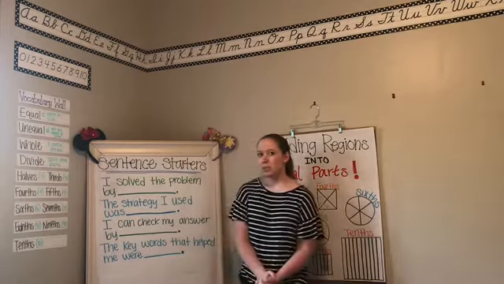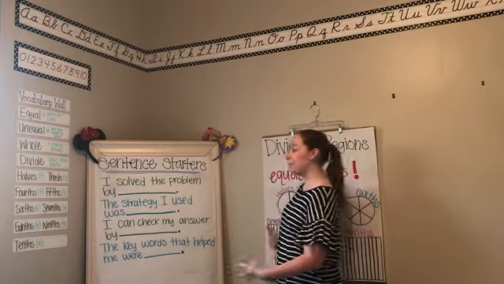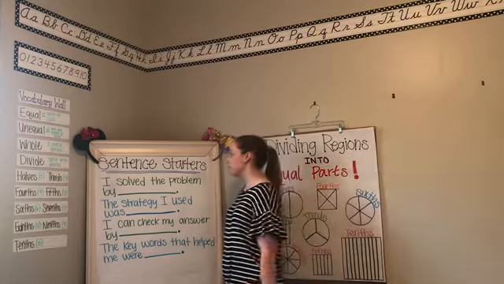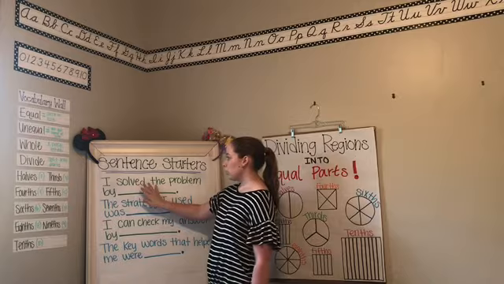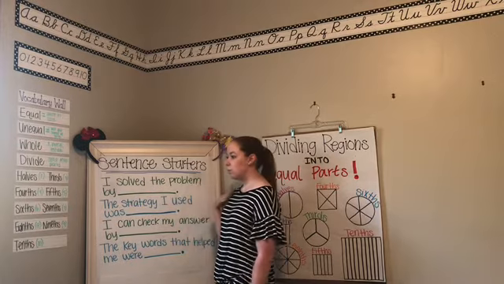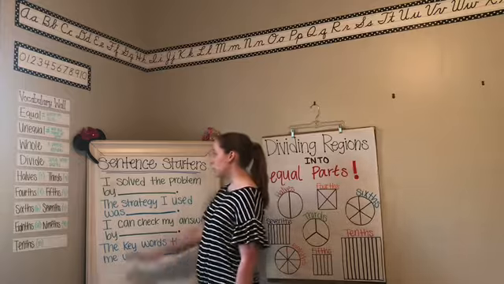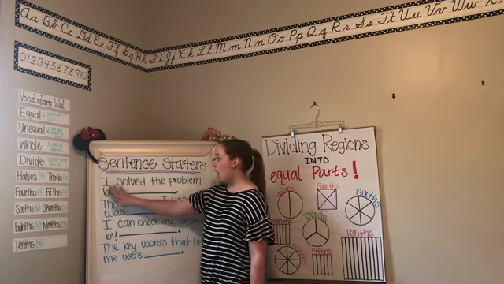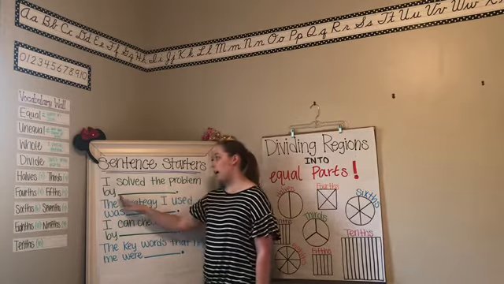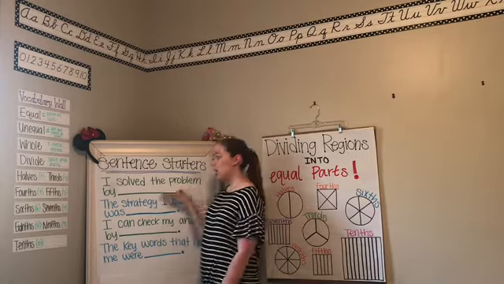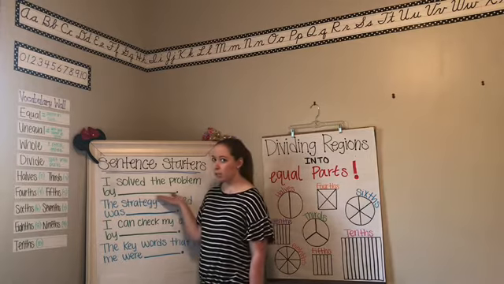Now let's go over some sentence frames so we can begin developing our mathematician talk. Our first sentence is, I solved the problem by blank. This is where you're going to fill in your answer.